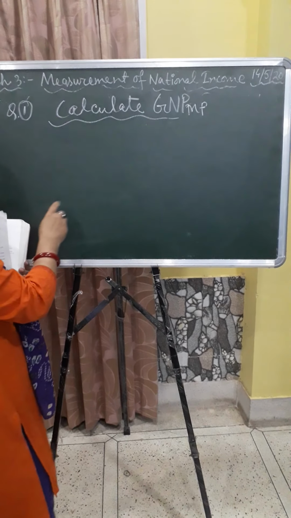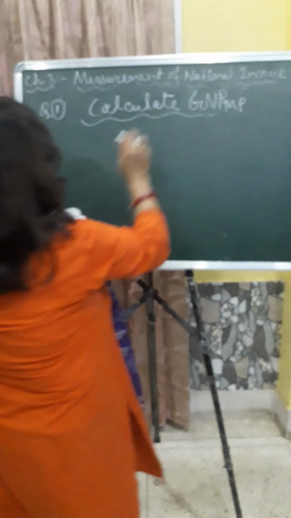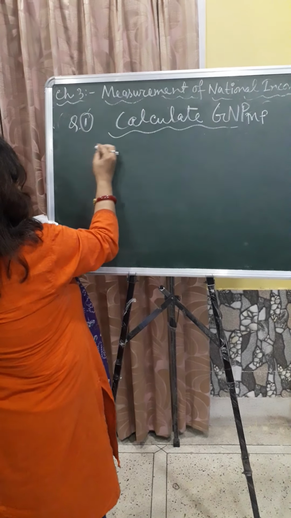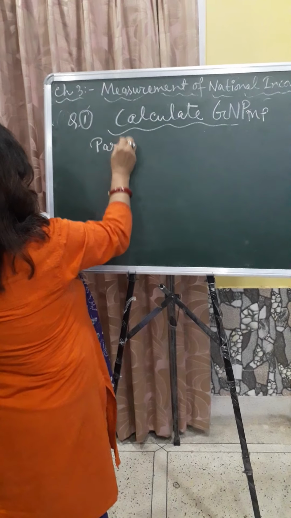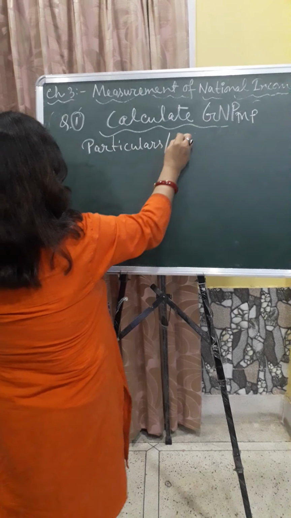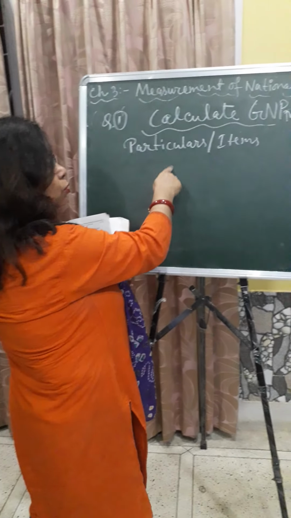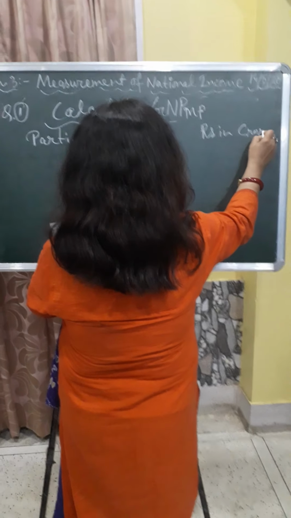First you write particulars or items, any one you can write, and rupees in crore.